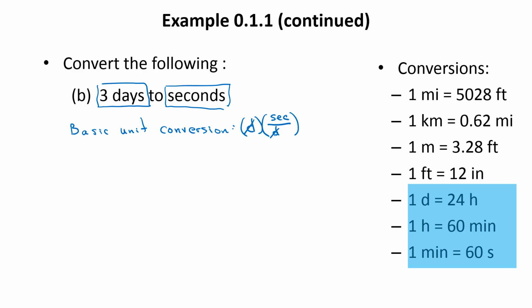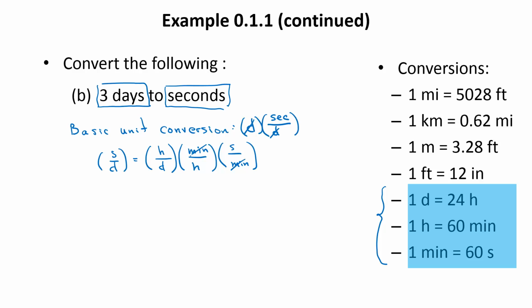Again, I don't have a direct conversion between seconds and days, but combining these three will give me that. So seconds per day can be written as hours per day times minutes per hour times seconds per minute. Then the minutes will cancel, the hours will cancel, and I'll get seconds per day.